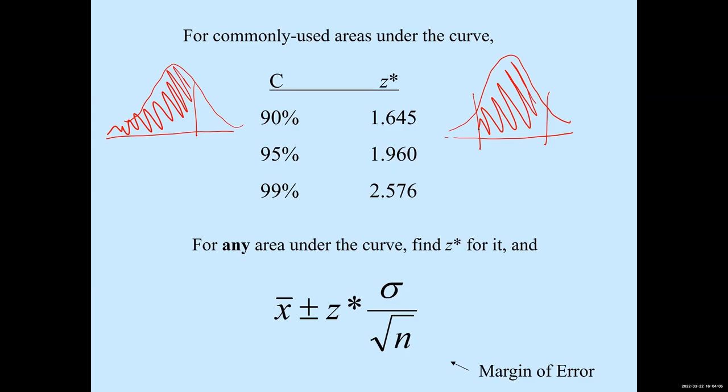All right, so for any area C under the curve, we find the Z stars for it, and then we're going to calculate this quantity, Z star times sigma over root n, and it is called the margin of error. Sometimes you hear that discussed when they're reporting in the news the results of a survey or a poll.